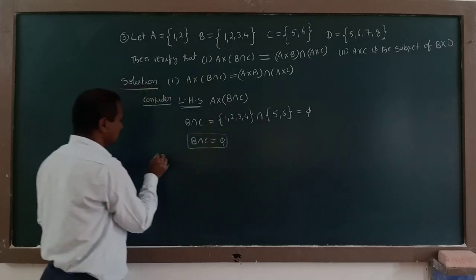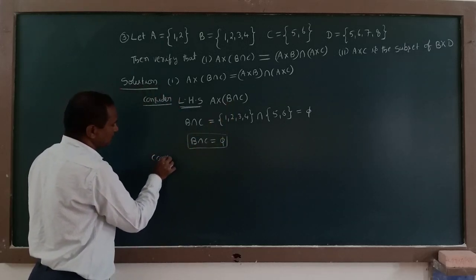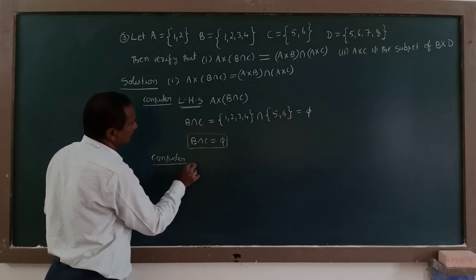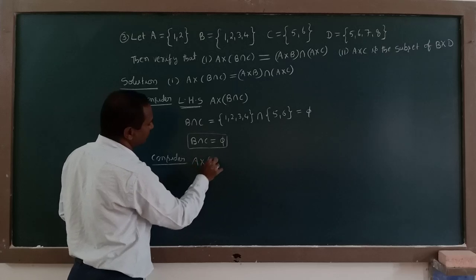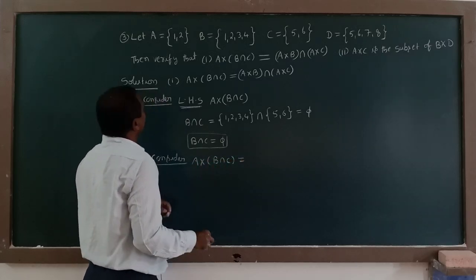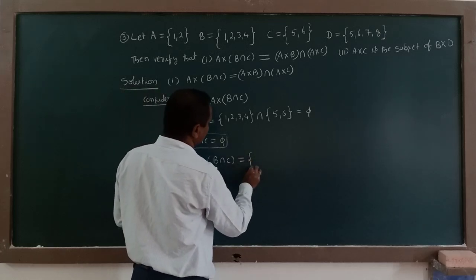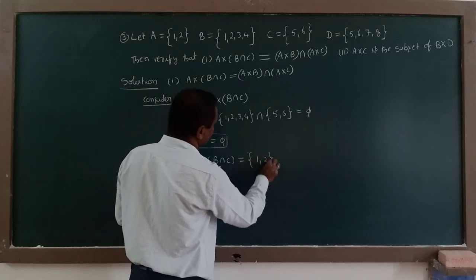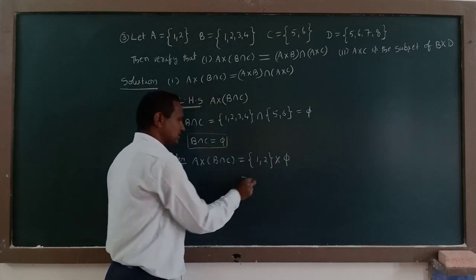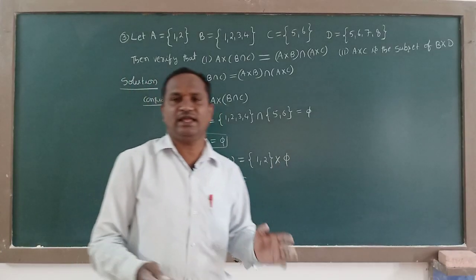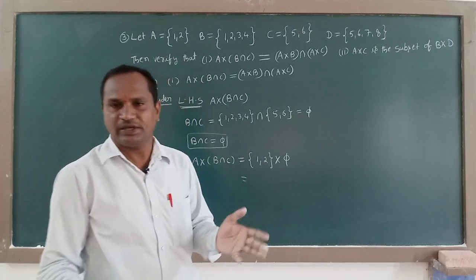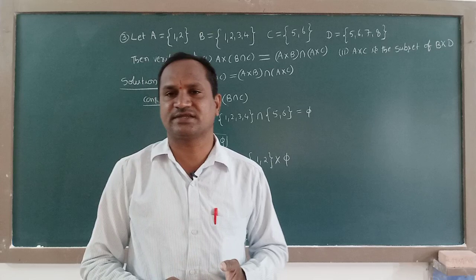Now consider A cross of B intersection C. What are the elements of set A here? 1, 2, cross null set. The null set means it doesn't have any elements, so we are not going to get any ordered pairs.